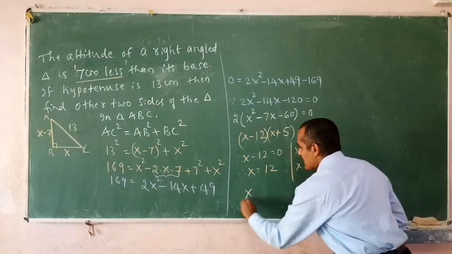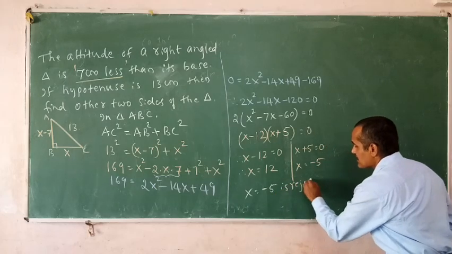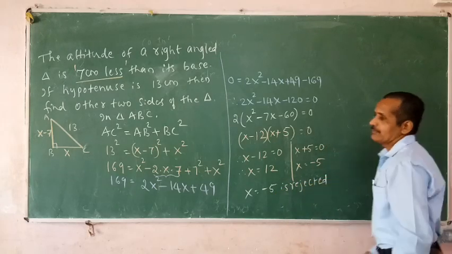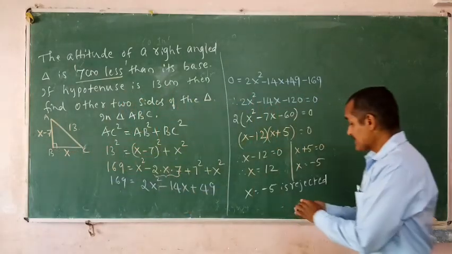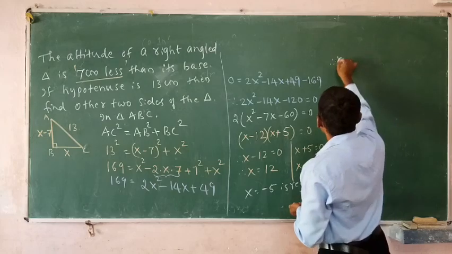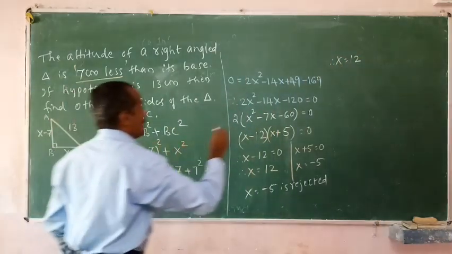I say x is equals to minus 5 is rejected because length cannot be negative. The length cannot be negative, always it must be positive. So x is equals to 12. What is the x? Base.